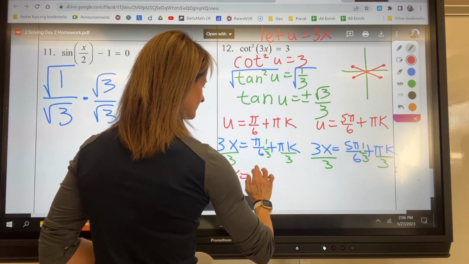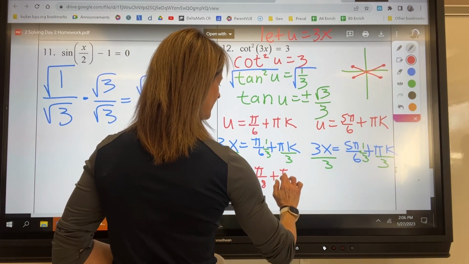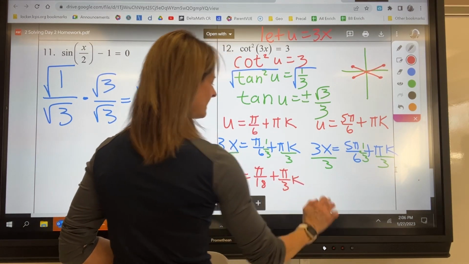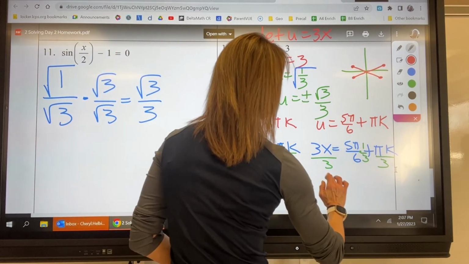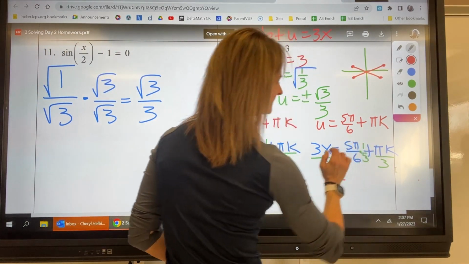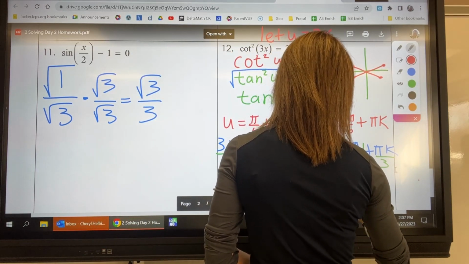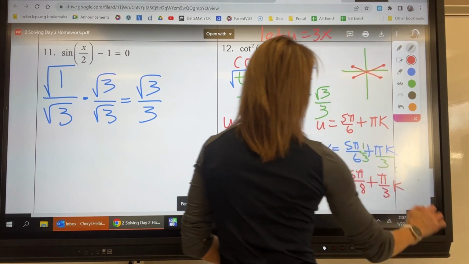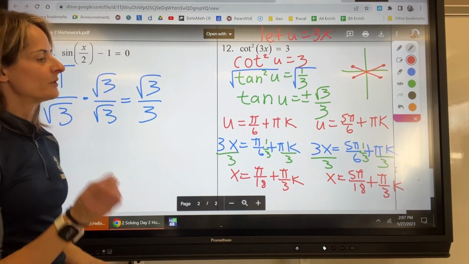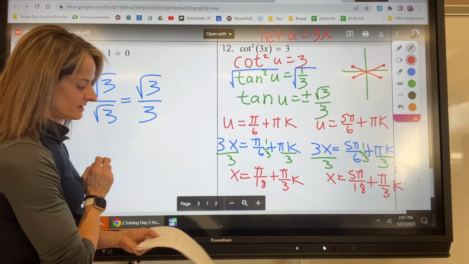X equals pi over 3 times 6, 18, plus pi over 3k. And this is x equals 5 pi over 18 plus pi over 3k. Now, if we were asked to find the general form of the solutions, those two would be the answers right there.